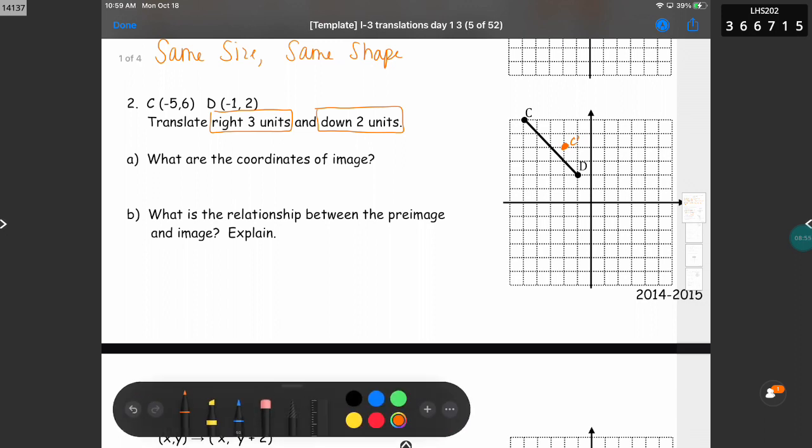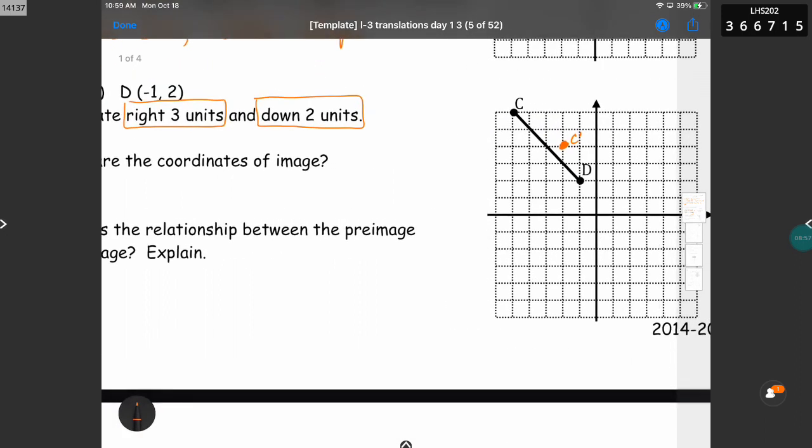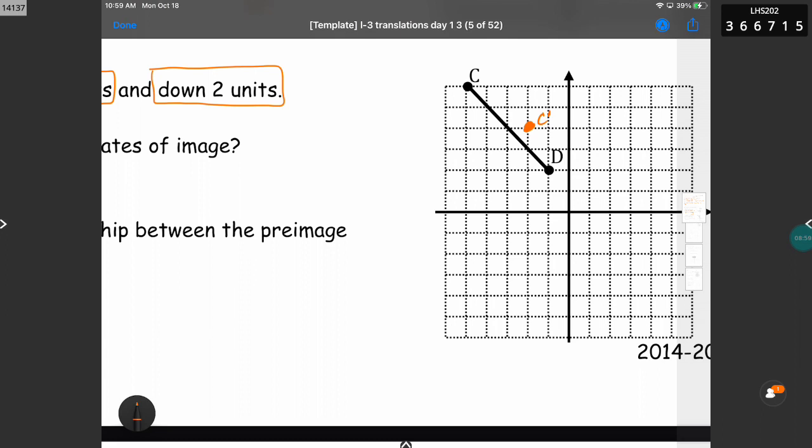I'm going to do the same thing for D. I'm going to go right 1, 2, 3 and down 1, 2. Put a point, label it D prime. Then I'm going to go ahead and draw my line.